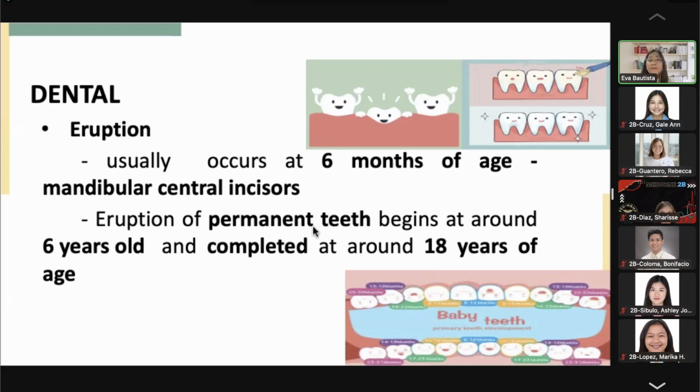Eruption of permanent teeth begins at around 6 years of age, and at around this time some of the teeth exfoliate. The eruption of the permanent teeth may lag by 4 to 5 months after the exfoliation of the teeth.